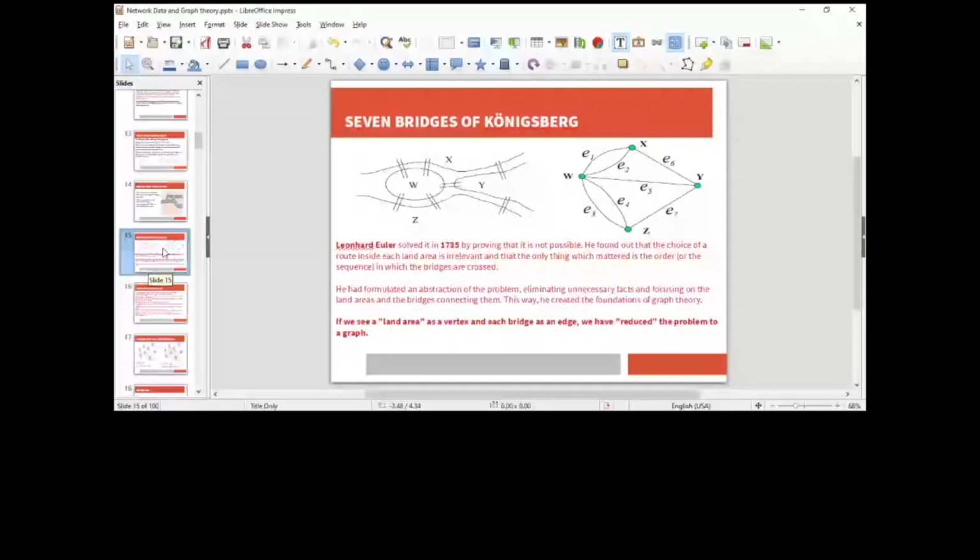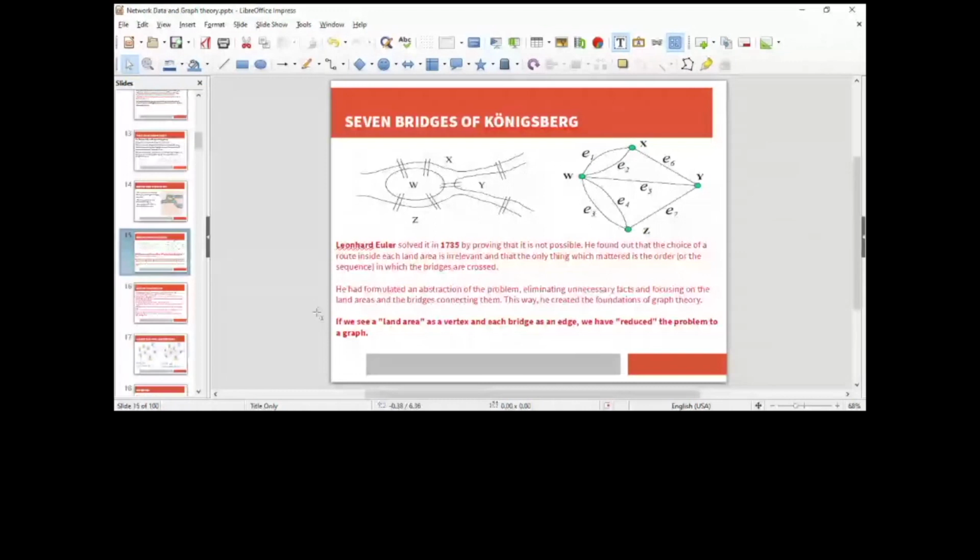He formulated an abstraction of the problem, eliminating unnecessary facts, focusing on the land areas and the bridges connecting them. This way, he created the foundation of graph theory. So if we see a land area as a vertex and each bridge as an edge, we have reduced the problem to a graph.